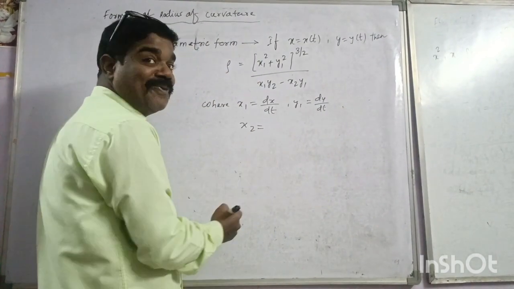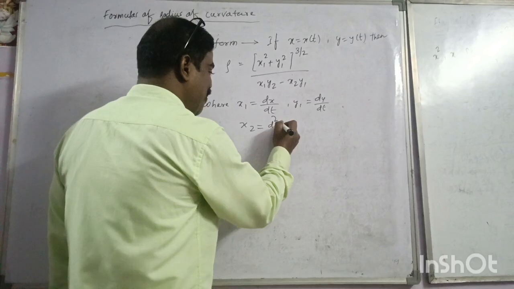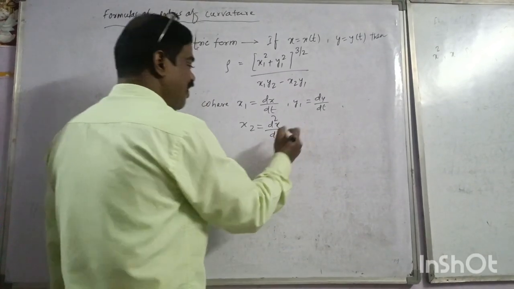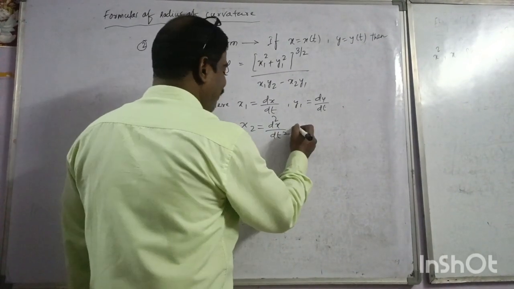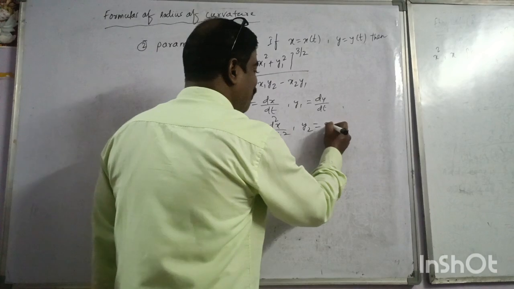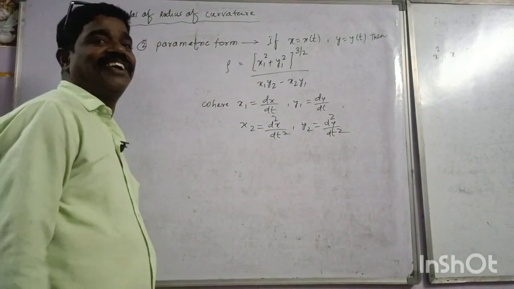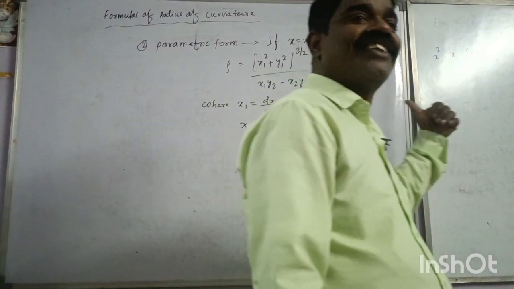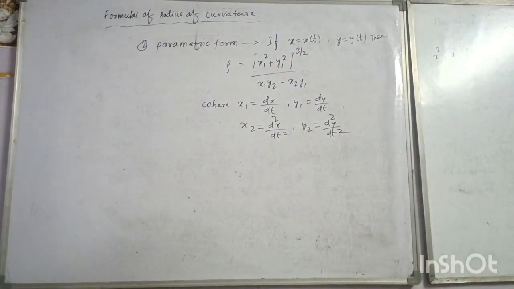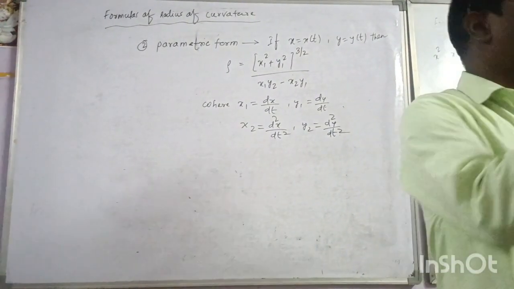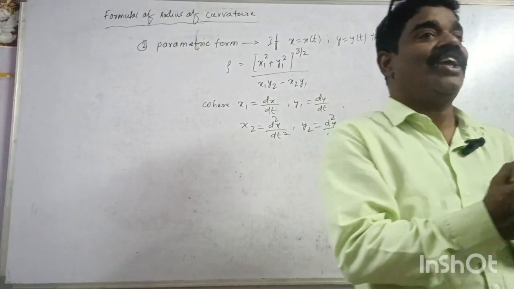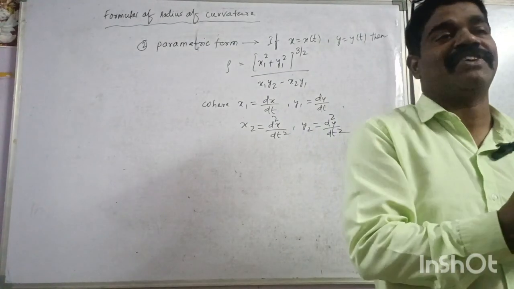x2 is equal to d square x by dt square, and y2 is equal to d square y by dt square. Have you understood? This is nothing but parametric form. So remember, one problem is given, and it asks to find the radius of curvature.